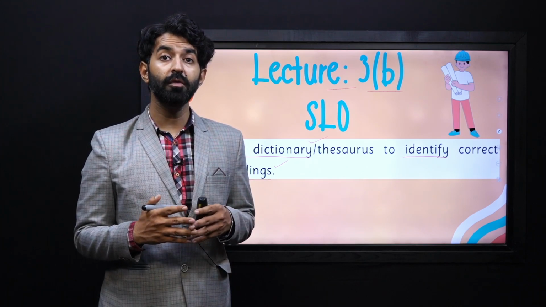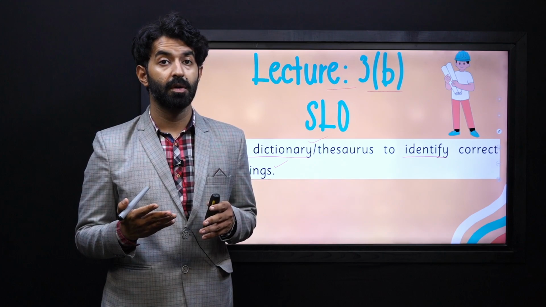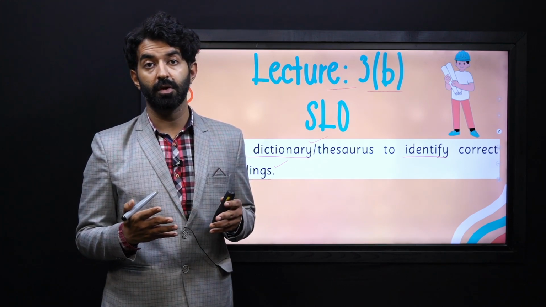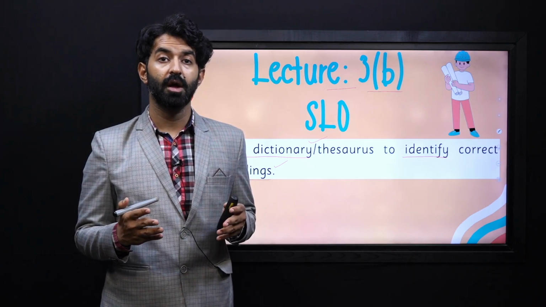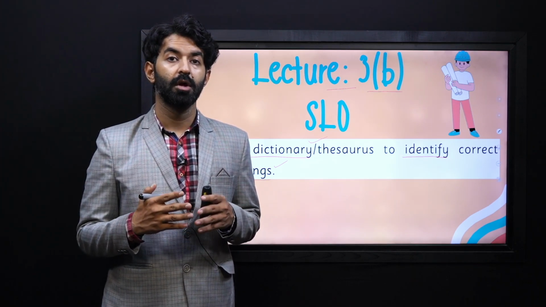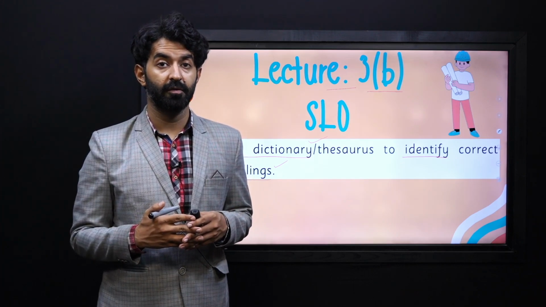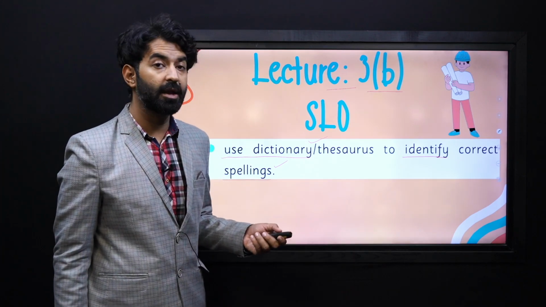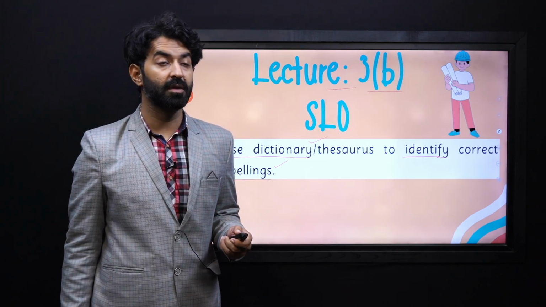There are a lot of different words that have different functions, but slightly different or same spellings, and a lot of confusion about using spellings. So using the dictionary or thesaurus will help us identify the correct spelling of any word. We will be looking at it exclusively and thoroughly.